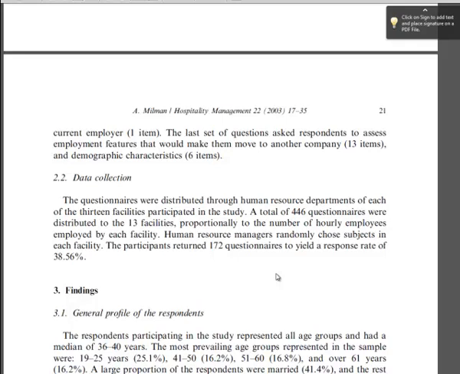In here, this study is delimited to hourly employees at small and medium attractions in Central Florida. It's delimited to the data that they collected using this particular instrument. So delimitations are very much related to your methodology.